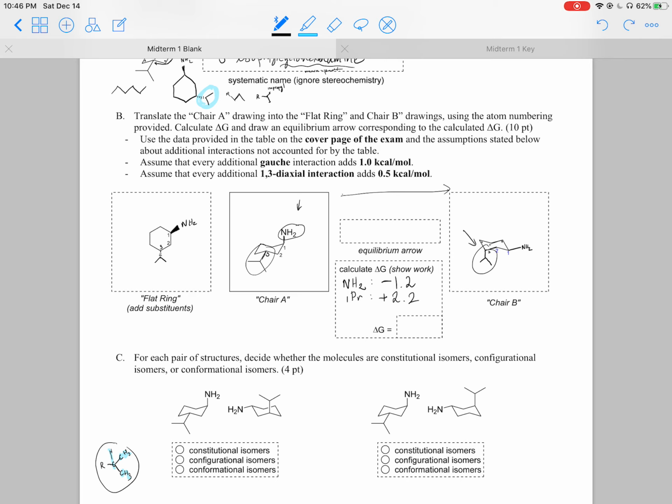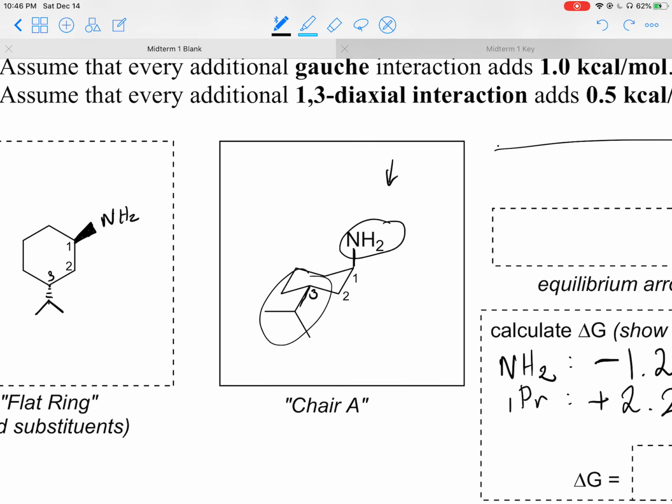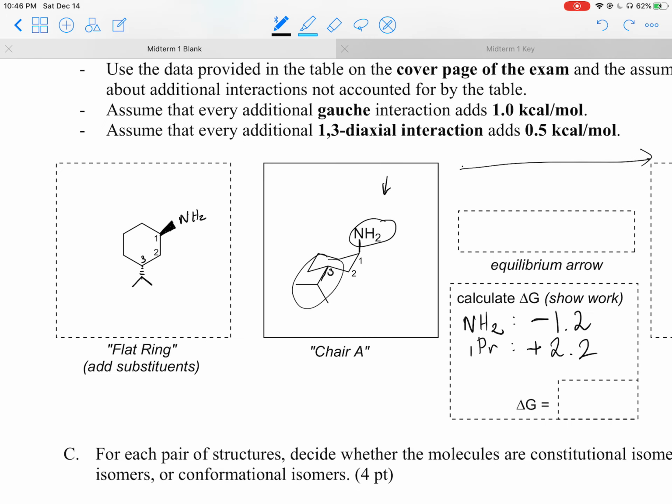So we're going to look at the rest of the instructions. It says, assume that every additional gauche interaction adds 1.0 kilocalories per mole. So there are no extra gauches. Technically there is a gauche between this and the 2 hydrogens that are on here.